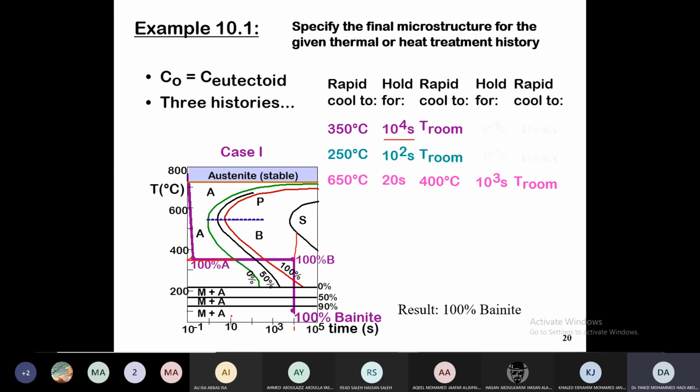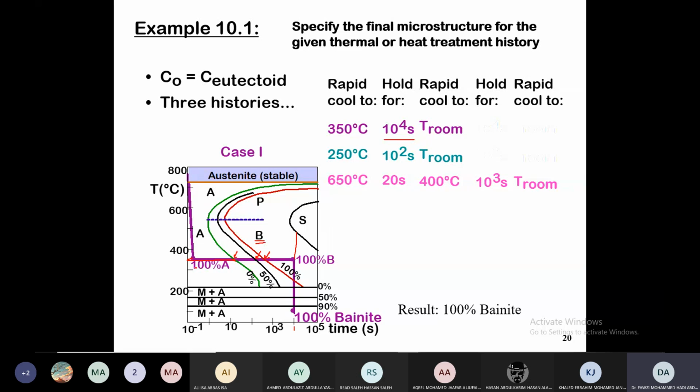Once it reaches this time here, the nucleation is going to start. This is the nucleation here at this point. And then it is going to grow bigger and bigger and bigger. 50% transformation has completed when it reached there, and then 100% transformation has occurred when you reach that point. Of course, transformation to what?